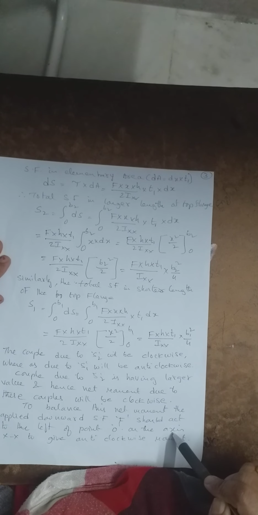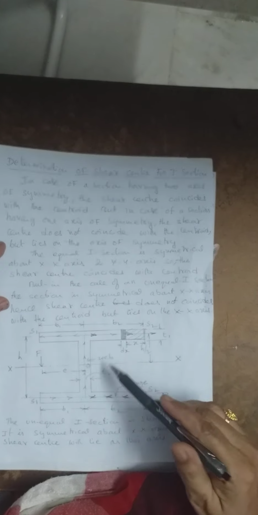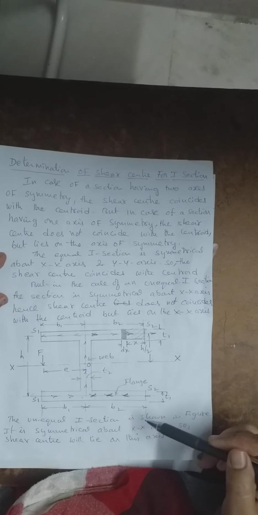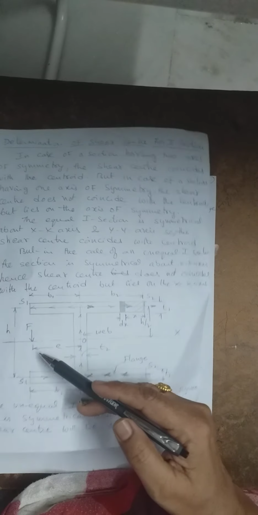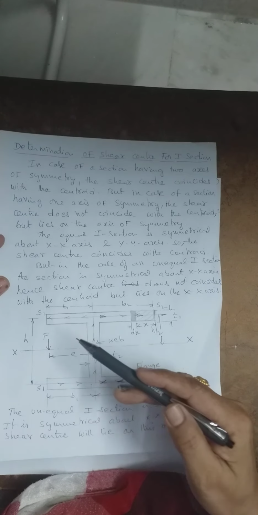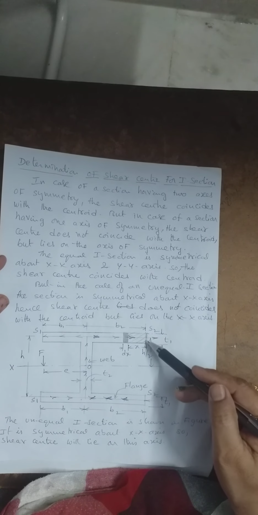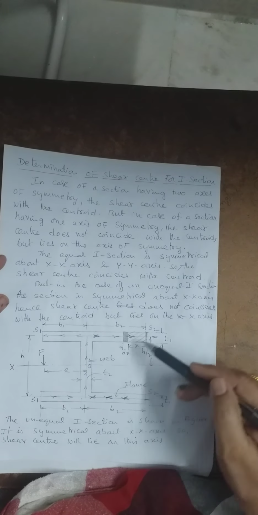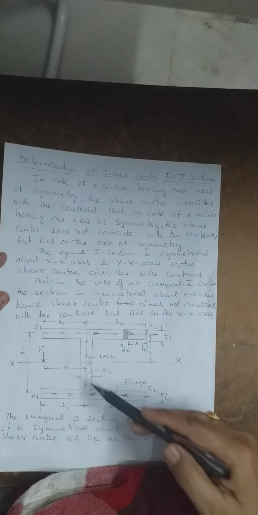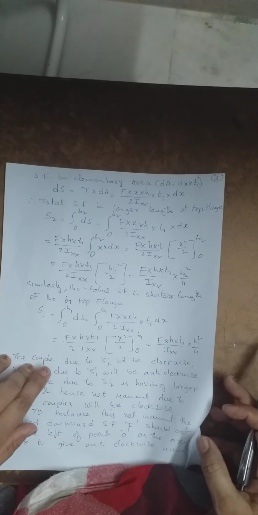To balance this net moment, the applied downward shear force F should act to the left. As S2 in the larger flange is acting clockwise, this downward shear force F should act to the left of the centroid O on the axis XX to give an anti-clockwise moment, to balance the clockwise moment of S2.